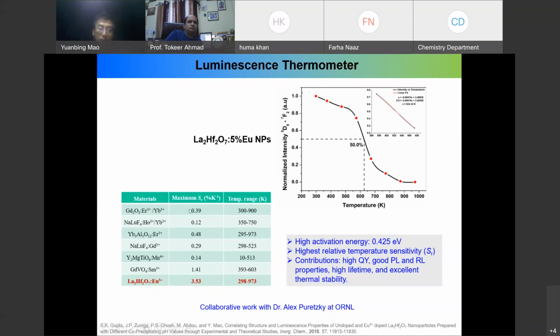You can see that the relative sensitivity of our sample is actually pretty good, and also in a quite wide temperature range. Those are two important parameters for a thermometer: a wide temperature range with a high sensitivity. So this material demonstrates that.